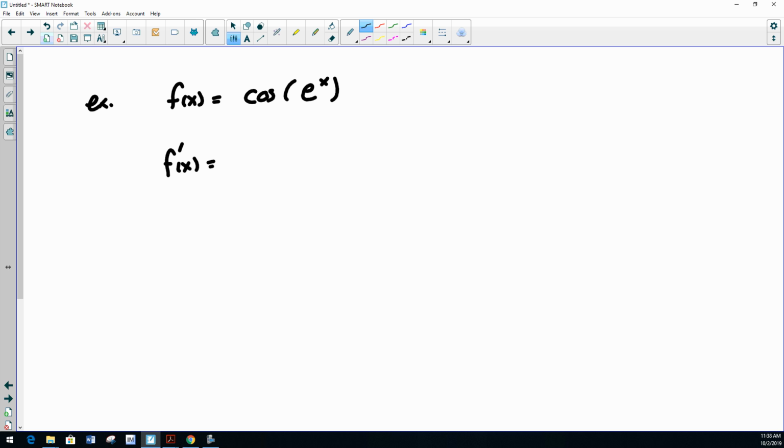So we're going to first take the derivative of the outside function, which is negative sine. The inside does not change, ever, times the derivative of the inside. The derivative of e to the x happens to be e to the x. So that's that derivative.